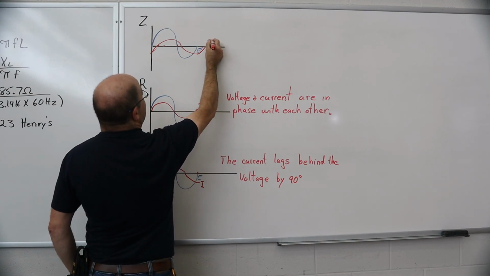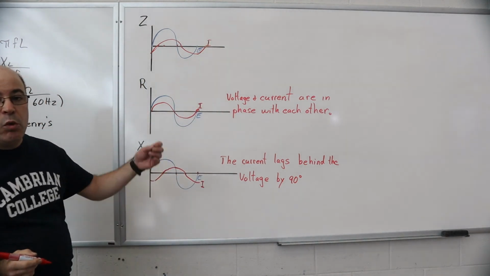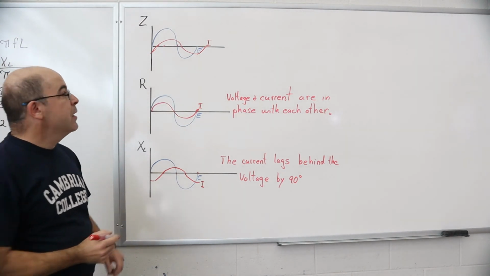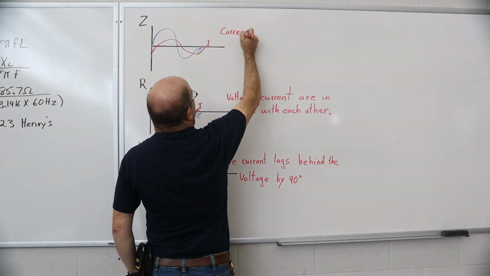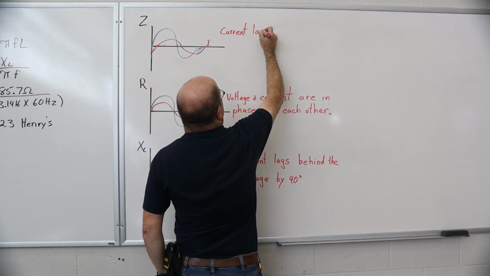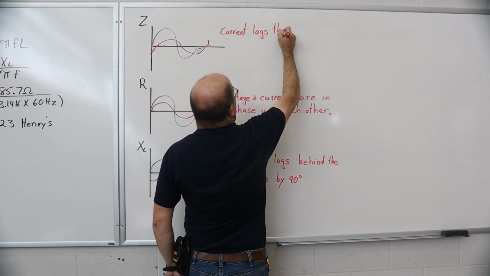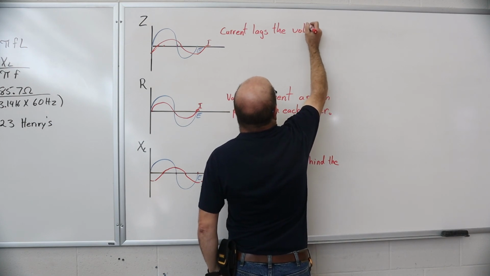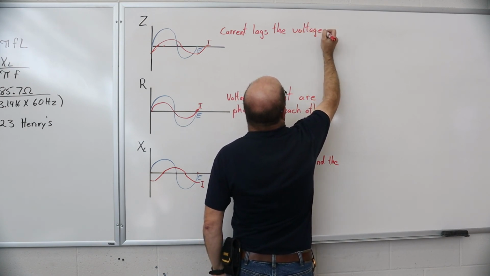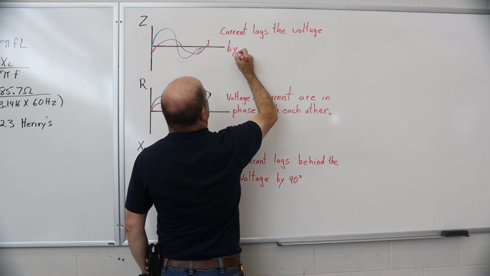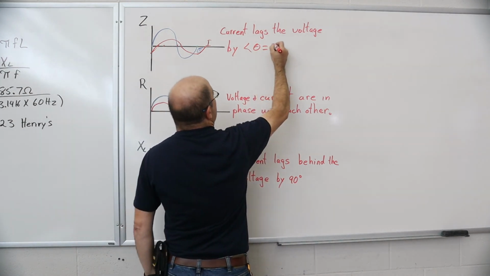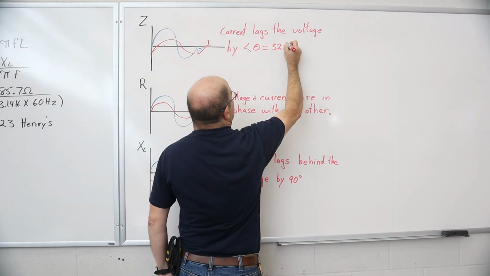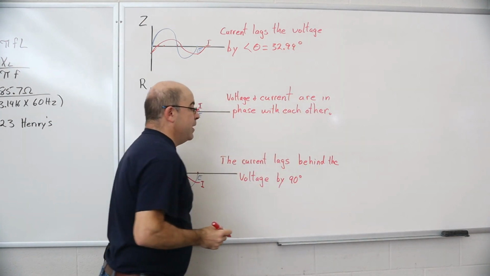I'm going to identify it, and I'm also going to write it out that the current lags the voltage by the angle theta, which in this case equals 32.99 degrees.